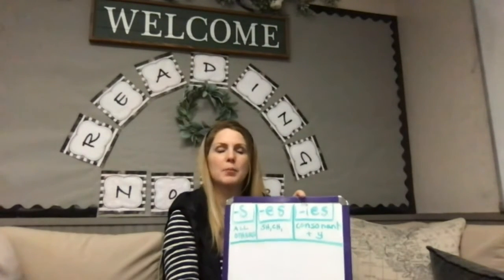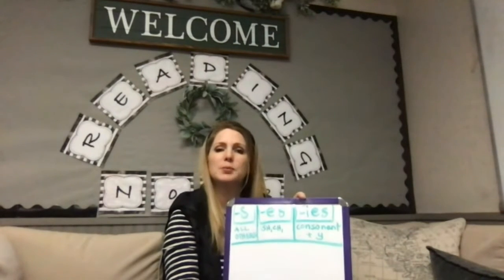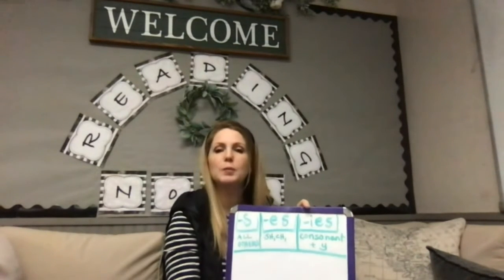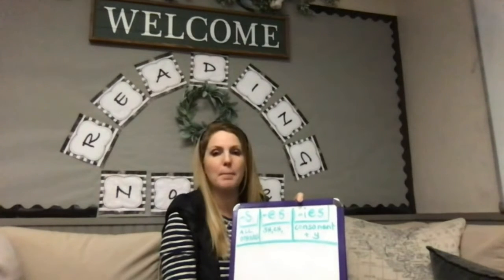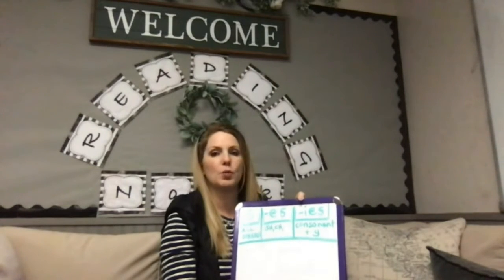So for example, if I were to say, please bring me that box, I would be referring to one box, right? But if I were asking for many boxes, that is the plural form, meaning more than one.